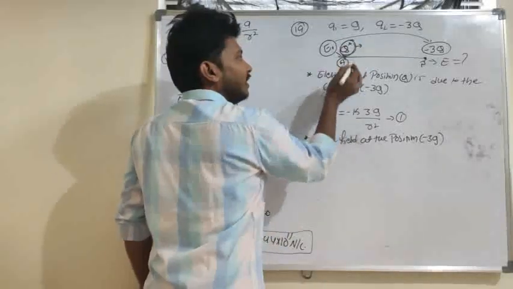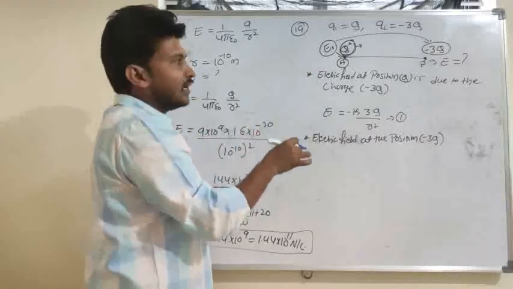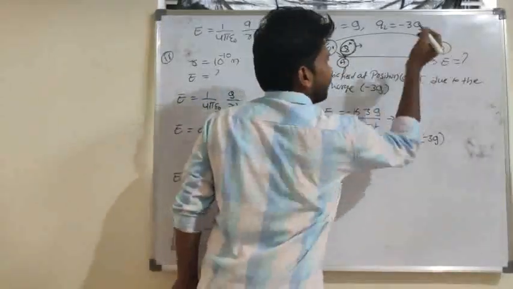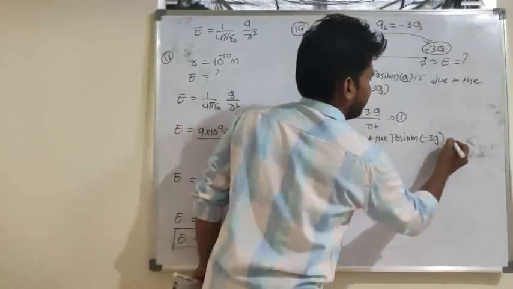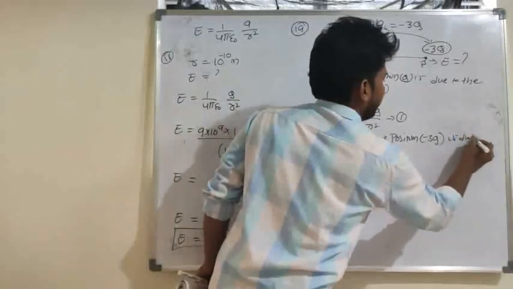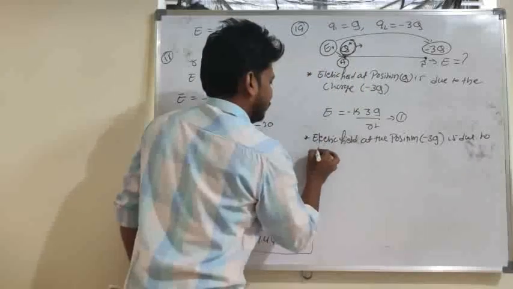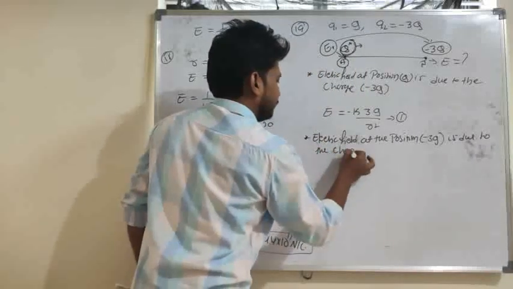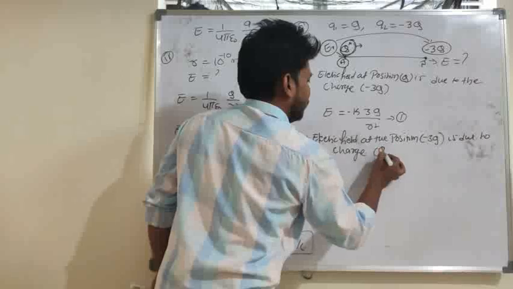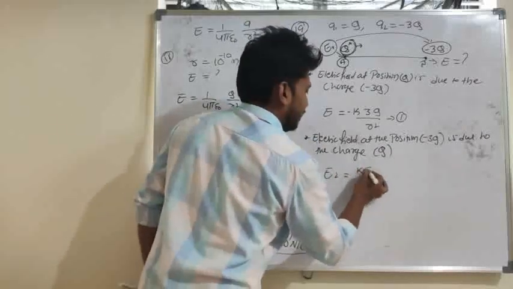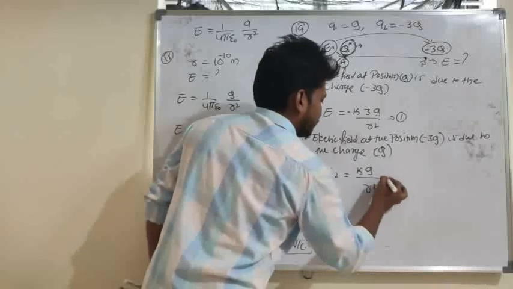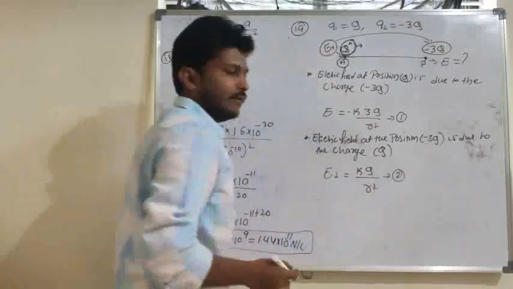Similarly, at point A, whatever electric field you get is responsible for the charge minus 3q. Electric field at the position of minus 3q is due to the charge q here. Then E2 is equal to K into q by R square. So this is equation 2.